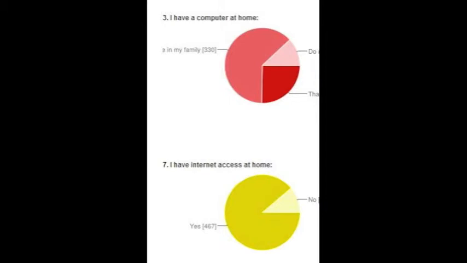I have internet access at home, yes, no, we were right at in the high 80s for internet access at home, which we felt was good, but it gave us data that we could make some decisions about going forward with BYOD policies, those kind of things.